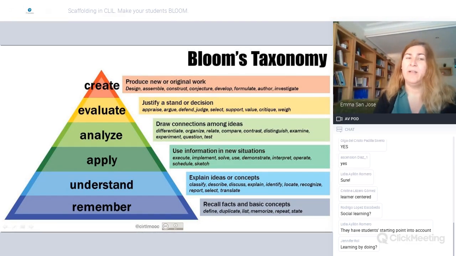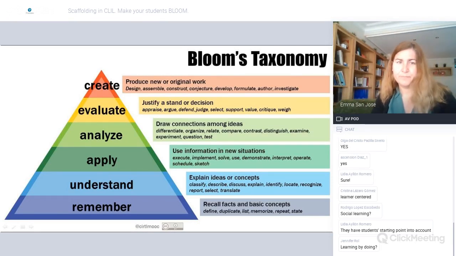But then now we have to start analyzing what it is and relating it to other things, comparing it to other situations, seeing what the differences are with others, testing if that would work in a different scenario. A little bit more complex from a cognitive point of view, don't you think?